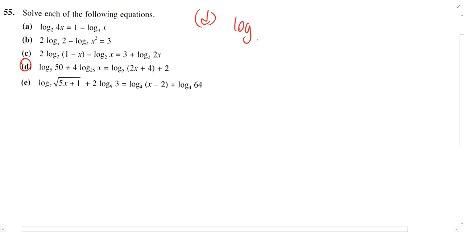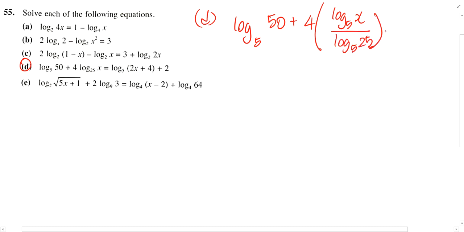Log base 5. 50, okay. The 4 is outside, okay. Plus.